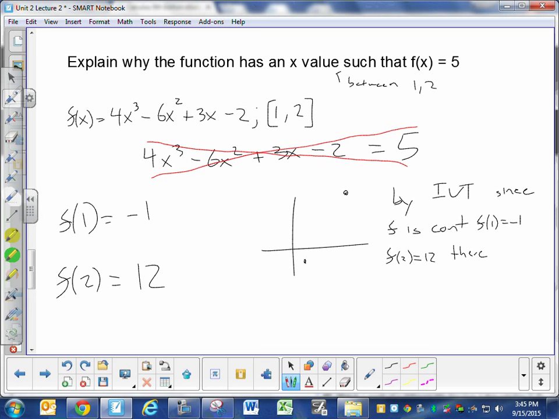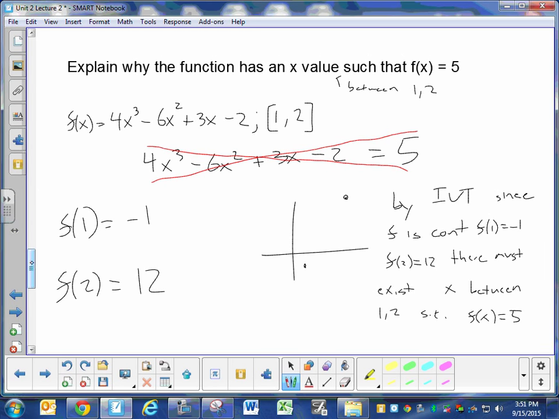There must exist an x value between 1 and 2 such that f of that x is equal to 5. All right, the rest of the examples will be on the video.